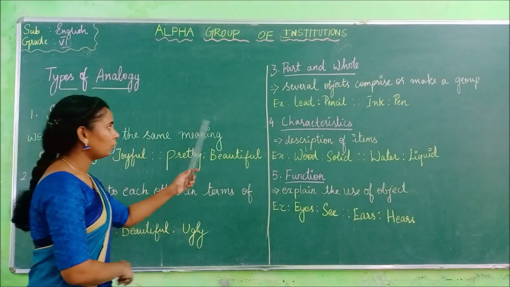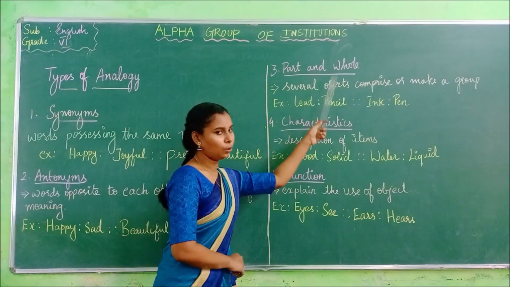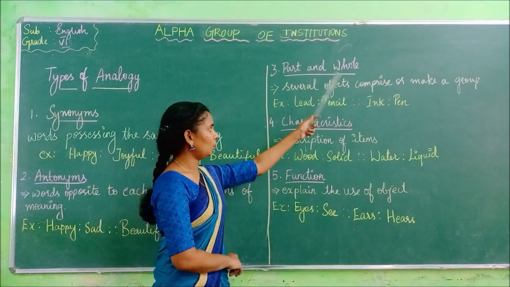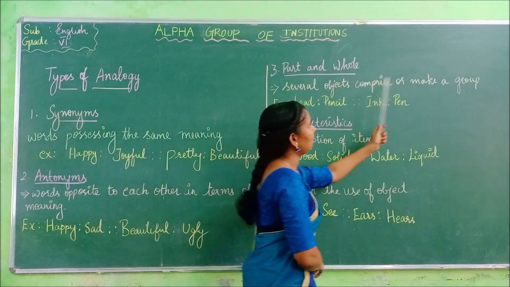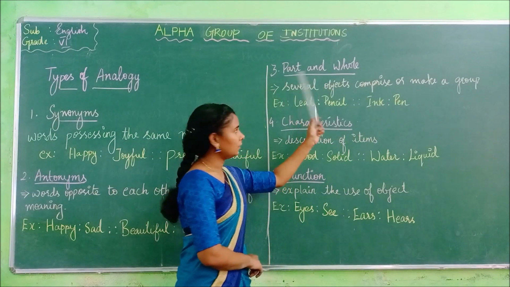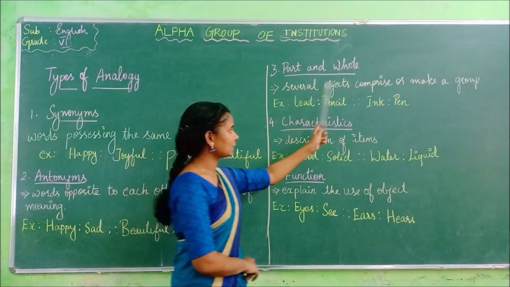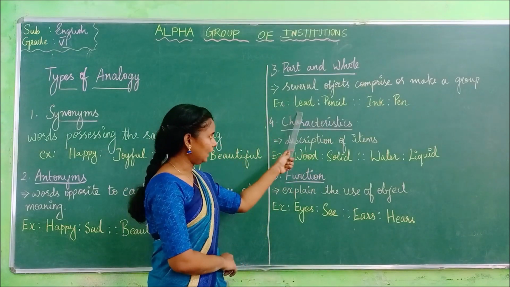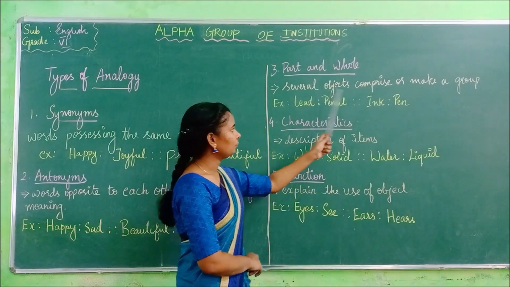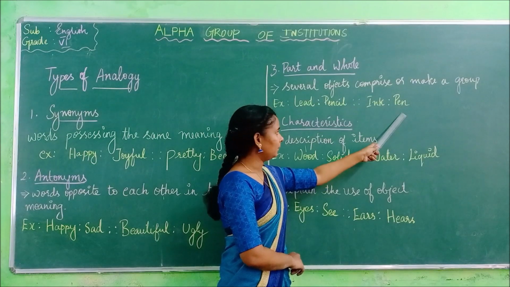Okay. Next we have got part and whole. Part and whole means several objects comprise or make a group. For example, lead, pencil, ink, pen.